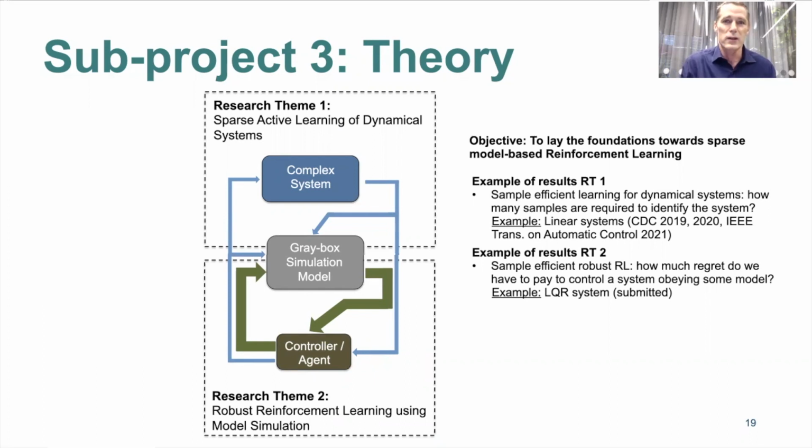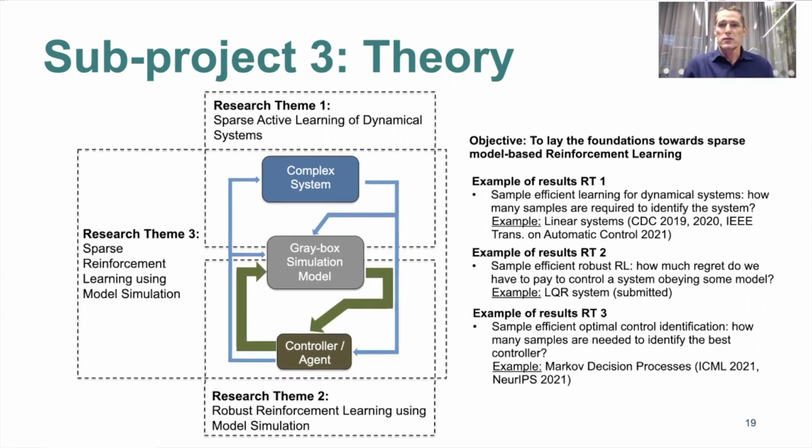And here we try to understand how to learn an optimal control policy, assuming that our model or simulator is actually accurate. The third research theme within this project concerns the system globally and aims at identifying an optimal control policy while minimizing the number of samples of observation taken from the complex system, so with data limited.